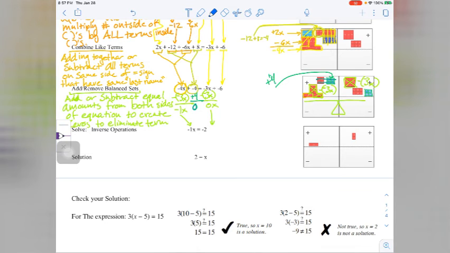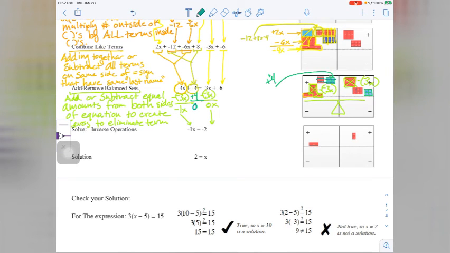Imagine a teeter-totter where somebody only gets on one side. If somebody's on a seesaw and they only get on one side, then it just goes down. You need somebody on the other side to balance it. So that is going to cancel out these 4. And then I'm going to do negative 6 plus 4 here, and that is going to equal negative 2, and that is what I see right there.